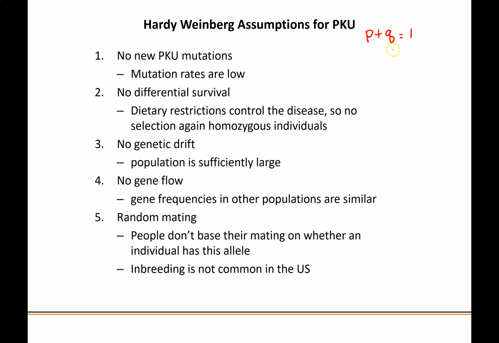Because if one of these goes up, the other has to go down, and therefore the population has changed. So let's look at the assumptions as they're related to PKU and see if we can evaluate whether or not this allele for PKU is changing in the population.